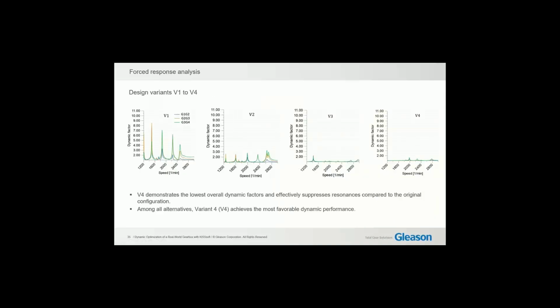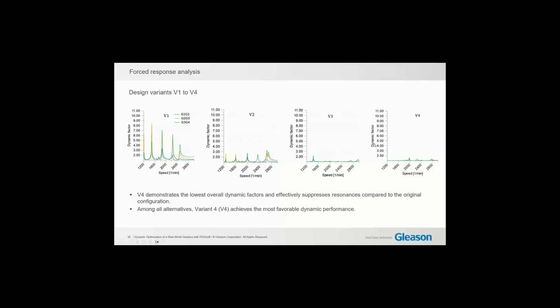Now, when we compare the dynamic factor for all variants, we see a significant reduction from V1 to V4. I plotted the dynamic factor on the same scale in all figures. But when you look at the results, especially at critical speeds, you recognize that we see a significant decrease in the dynamic factor.